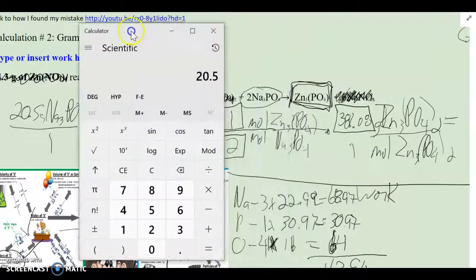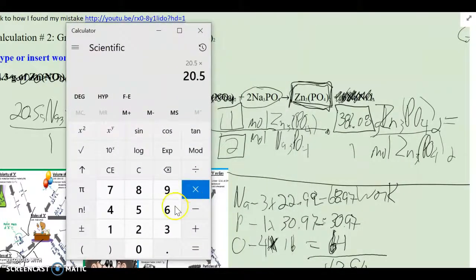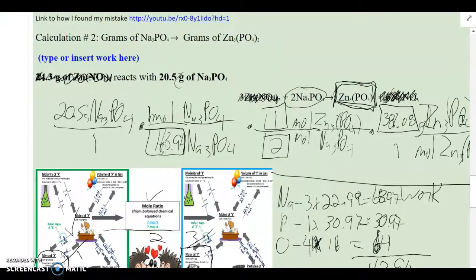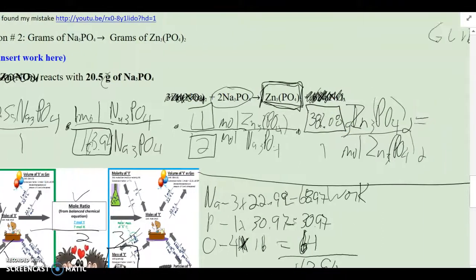Save myself time by not doing it. Times 386.08 equals 7914.64. I'll write that down. Of course I forgot it already.